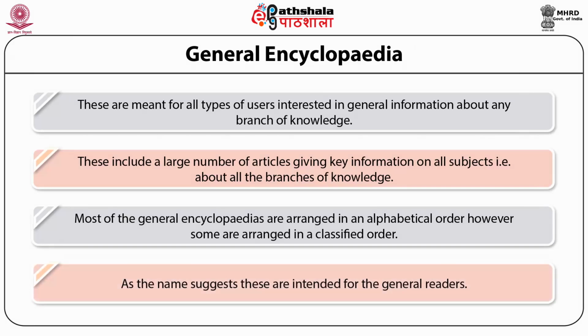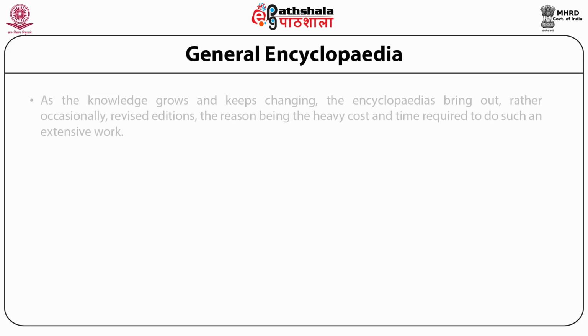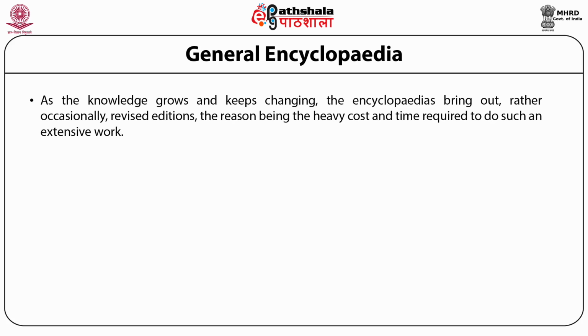As the name suggests, general encyclopedias are intended for the general readers. As the knowledge grows and keeps changing, the encyclopedias bring out revised editions, though only occasionally. The reason is the heavy cost and time required to do such an extensive work.